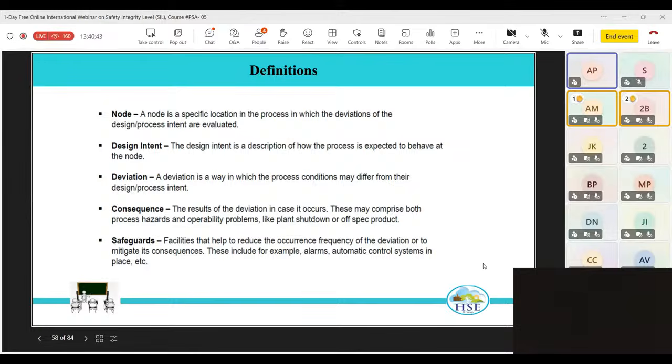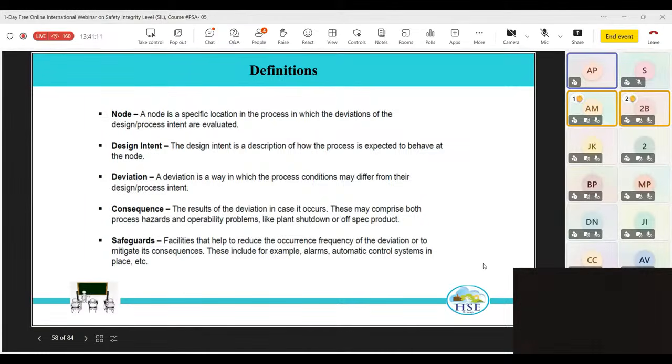Suppose the temperature alarm is there, it will tell you either the temperature is going up or going down below the design intent, or it is going very high or it is moving too fast. All these things you will come to know from the alarms. And the operator normally will have to take some actions.